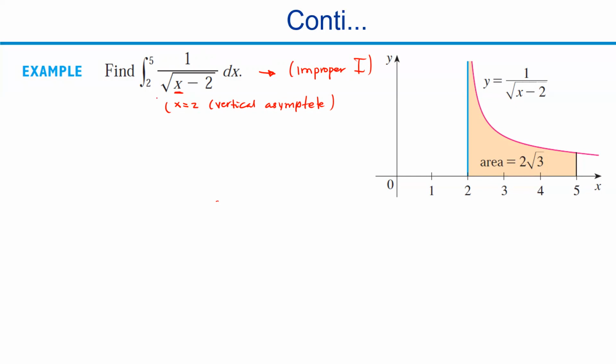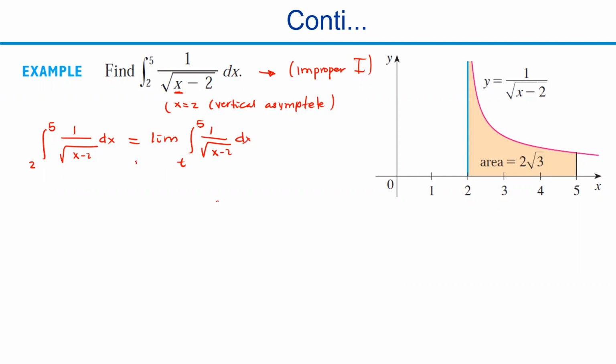Therefore, in order to solve this, the integration from 2 to 5 of 1 over the square root of x minus 2 dx is equal to the limit. The problem is where? At 2, yeah? The limit as t approaches 2 from the right of the integral from t to 5 of 1 over the square root of x minus 2 dx.